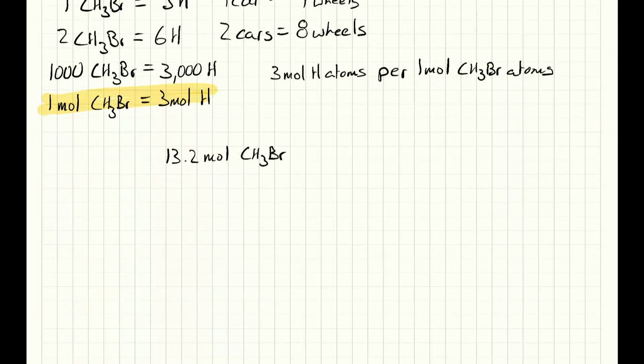So we can write 3 moles of hydrogen per, right? This line means per, 1 mole of CH3Br. And now we have our conversion factor.